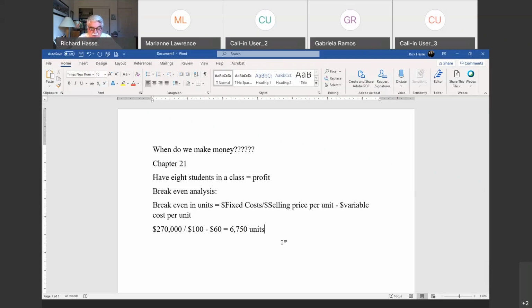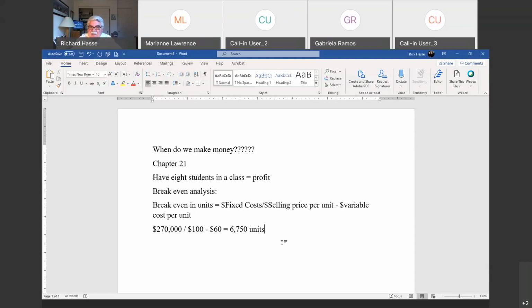I have a friend of mine who works in management at In-N-Out Burger. At every store of In-N-Out Burger, they know how many hamburgers and meals they have to serve every day to cover their costs. If they total up the end of the day and their break-even point is 1,100 hamburgers, and they sold 1,200, they know they made a profit.